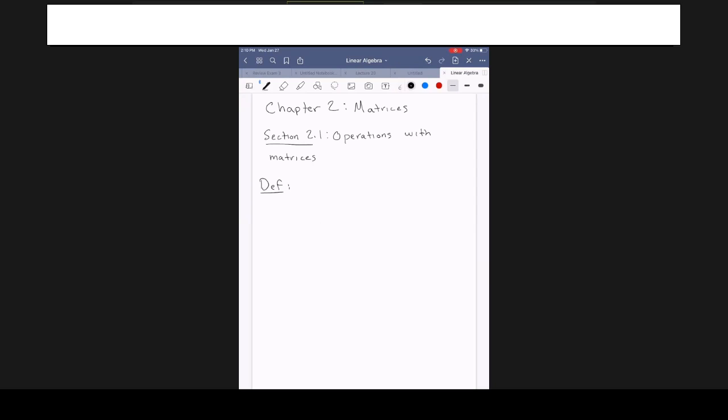So first definition is this. Let A and B be n by n matrices with real valued entries. Then, first, what does it mean for two matrices to be equal?